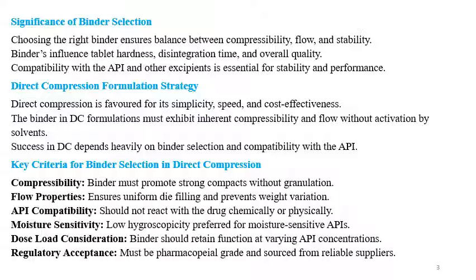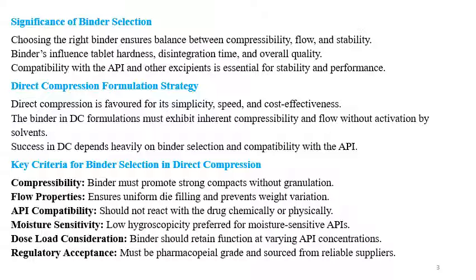The DC process is generally favored because it is simple, the number of steps is less, it is a speedy process, and it is cost effective. The binder in DC formulations must exhibit inherent compressibility and flow without activation by solvents. The success of the process depends heavily on binder selection and compatibility with the API.